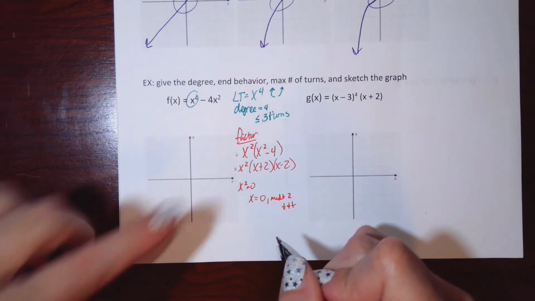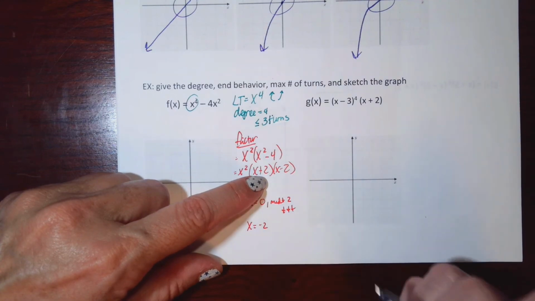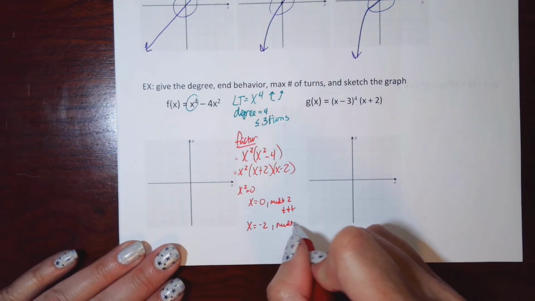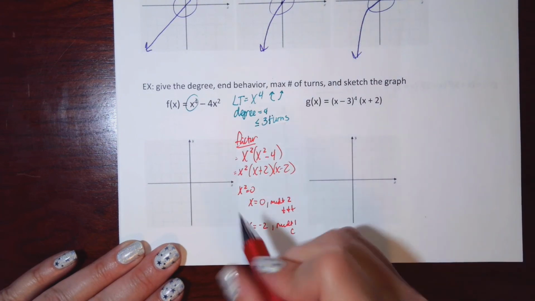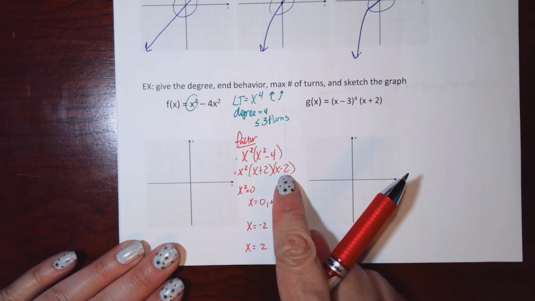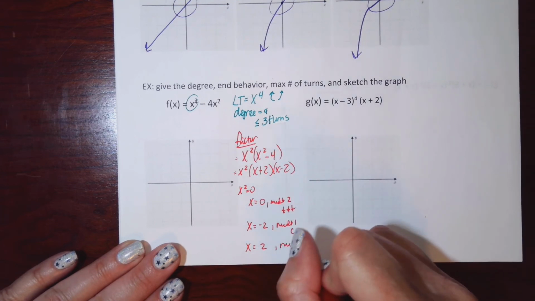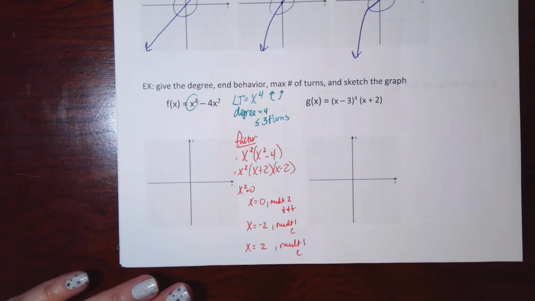My next root, if I set this factor equal to 0, I get x equals negative 2. Multiplicity is just 1, because that exponent would be 1, so it's going to cross. And then I've got x equals positive 2. If I set that equal to 0 and solve for x, I would get positive 2. Again, the exponent on that factor is 1, so it's just going to cross there.